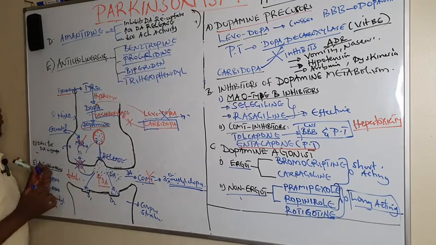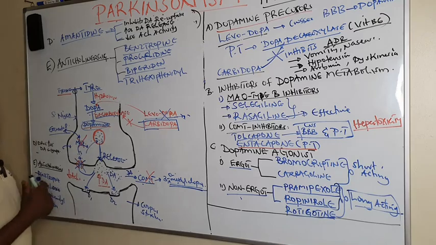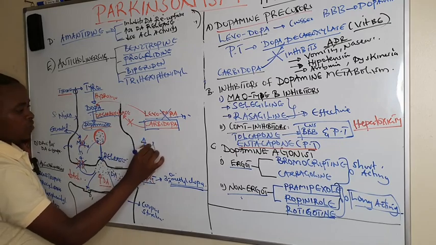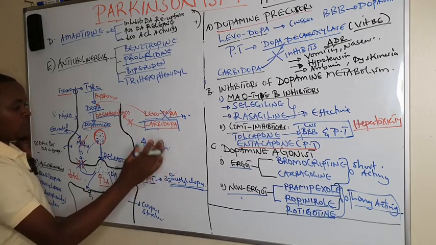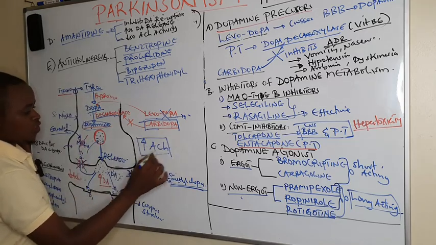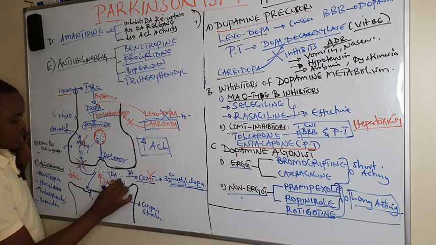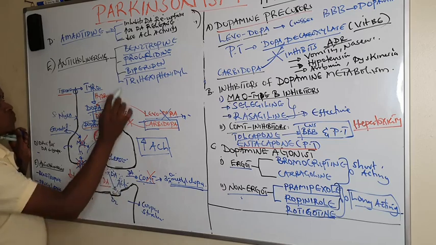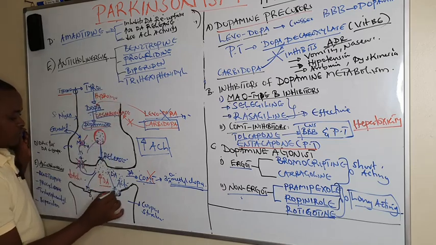These are anticholinergic drugs. As we said, this Parkinson's is due to increase in acetylcholine, which is not balancing with dopamine. So we can use anticholinergics to block the receptors of acetylcholine.